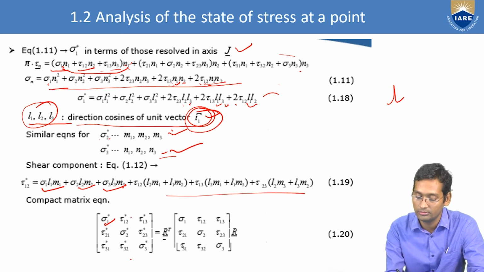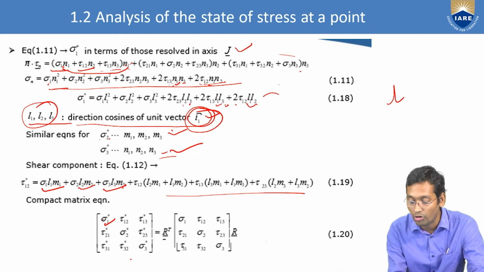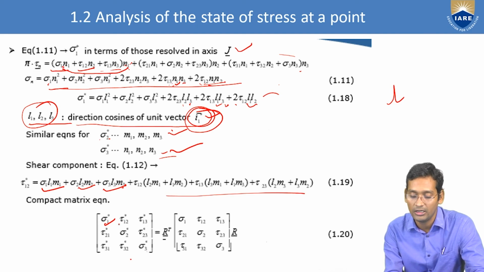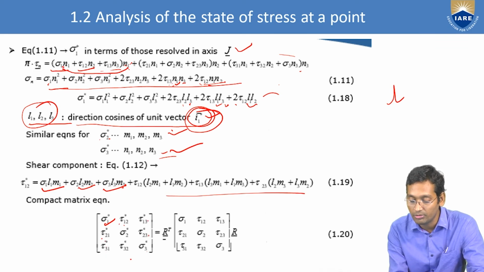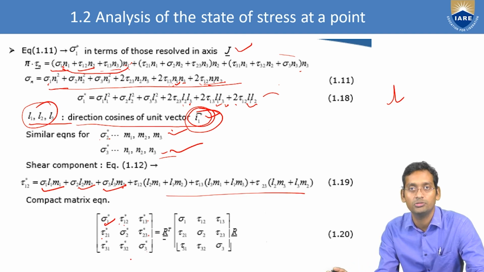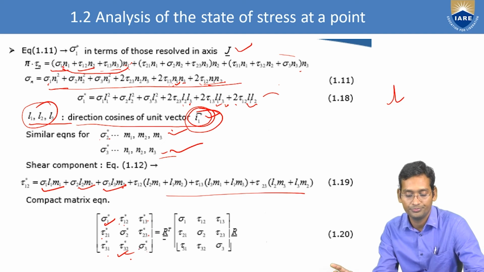Sigma 1 star, all the diagonal, similarly sigma 1, sigma 2, so all the sigma will be in the diagonal element. And then tau star 1 2, tau star 1 3, tau star 2 1, tau star 2 3. Wherever the position is there, no need to remember, just keep on the diagonal sigma 1, sigma 2, sigma 3 with the star because it's a rotated one, and the remaining according to their position you can just put.